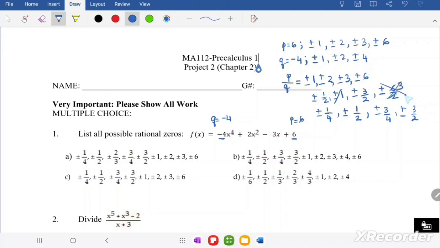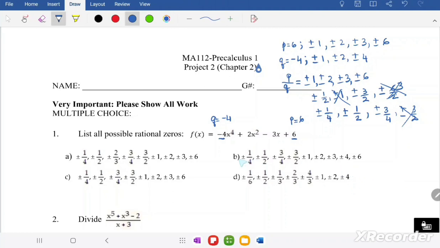So I'm going to remove this one. Then plus minus 1/4 appears only once. Plus minus 1/2 appears once. Plus minus 3/4 appears once. And plus minus 3/2 appears twice. So let's get rid of one of them, because we don't need to duplicate the possible rational zeros. So now let's shortlist, all right?